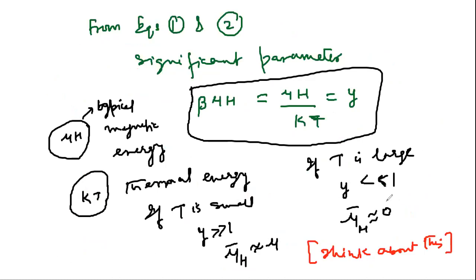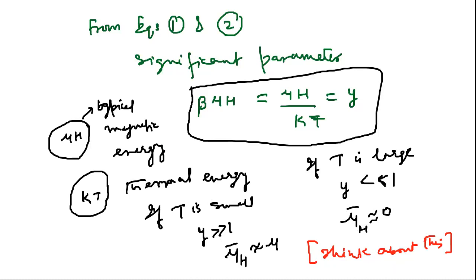This one. When I told you that when T is large, that is y is much less than 1, then mu H bar is approximately 0. And when T is small, y is much greater than 1, this mu H bar is mu.